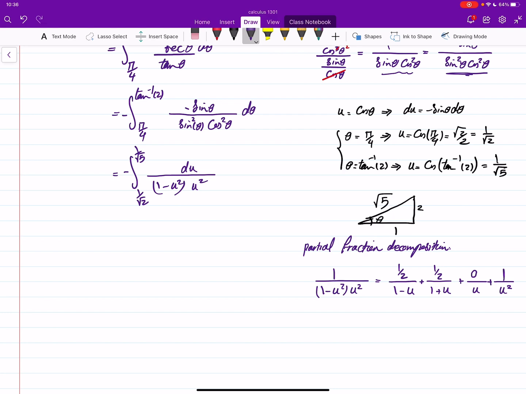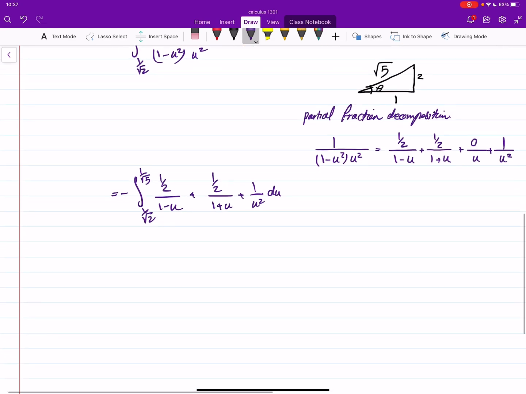Yes. So then my integral would turn to sums of half over 1 minus u plus half over 1 plus u plus 1 over u squared du, going from 1 over root 2 to 1 over root 5.